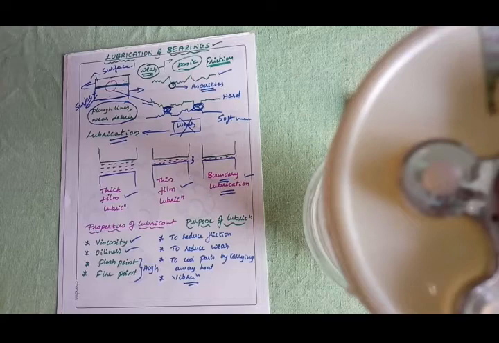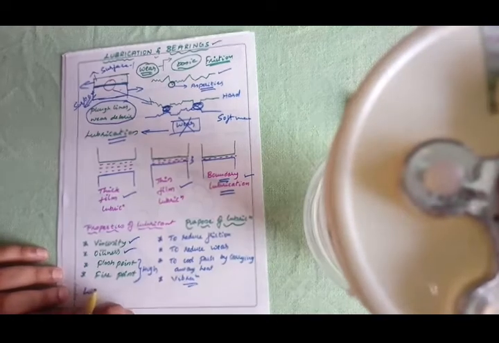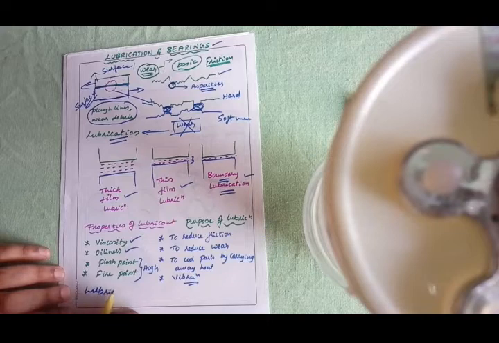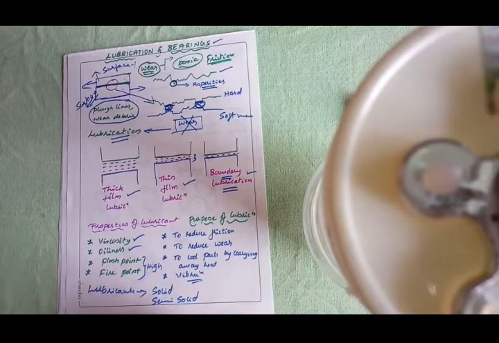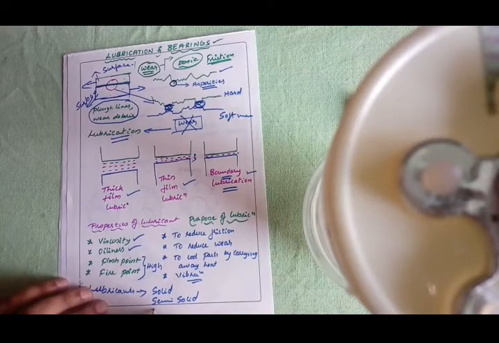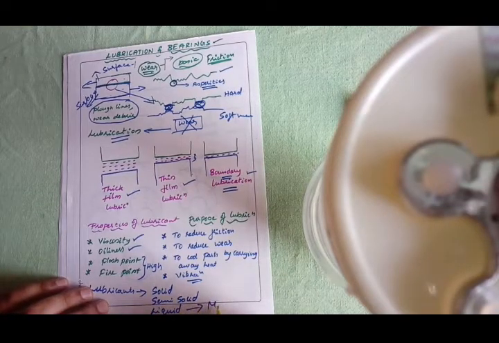So there are different types of lubricants also. I need to tell about this. There are different types of lubricants, as we all know. There are solid lubricants, semi-solid lubricants like grease, and liquid. These are the three types: solid, semi-solid, and liquid. So we know that all the mineral oils are examples of liquid.